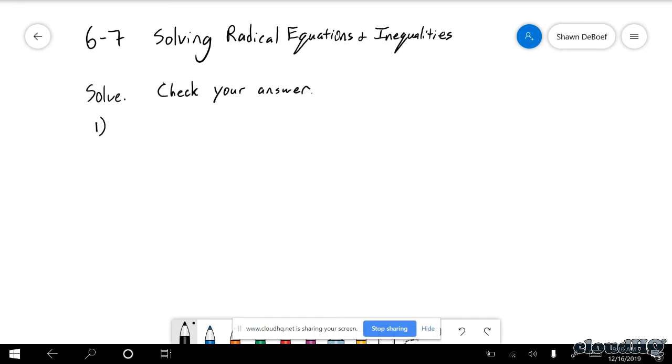So number one, we're going to solve 5 equals square root of x minus 2, minus 1. First thing I want to do is isolate the square root. So we can add 1 to both sides.